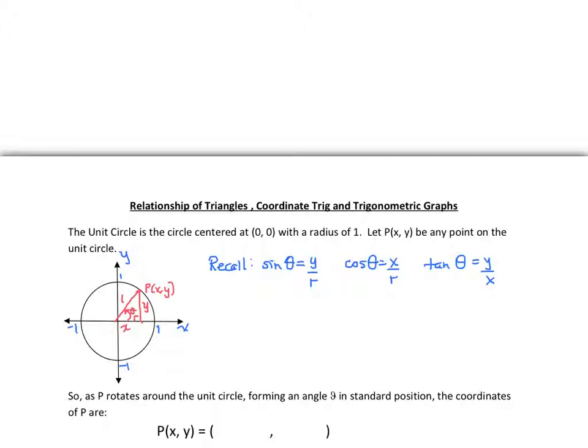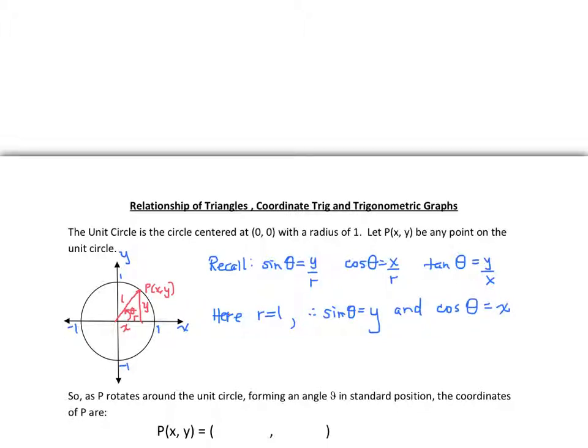Now because in the unit circle the radius is 1, r equals 1, then we can reduce these down and say that sine theta is equal to y, because it would just be y over 1, and cos theta is equal to x.